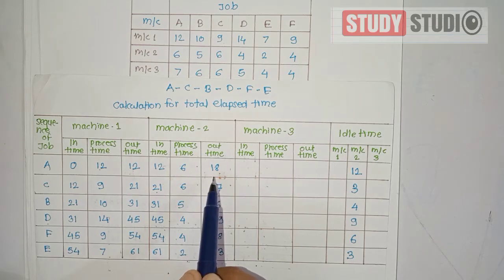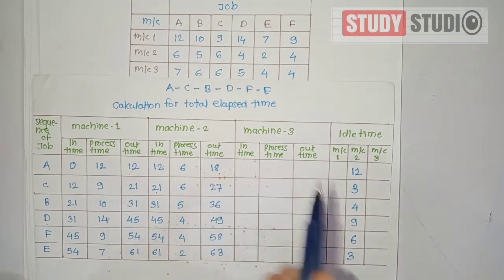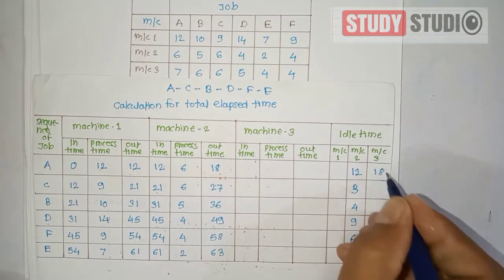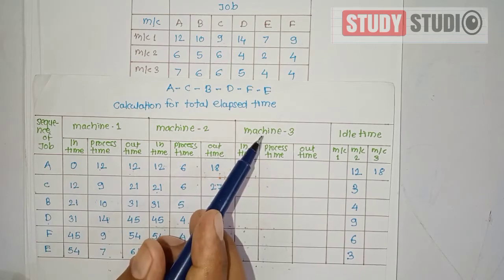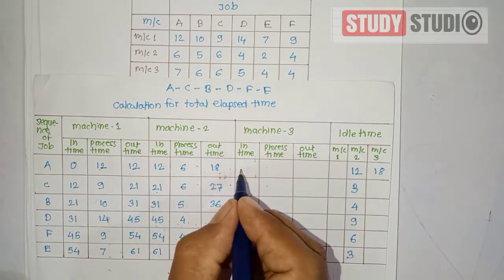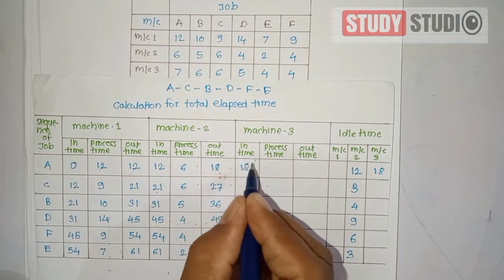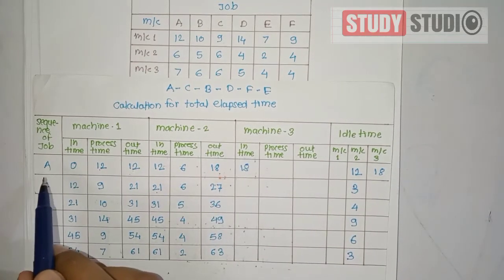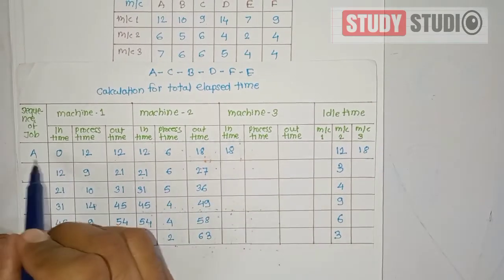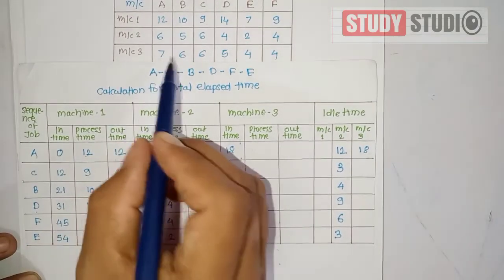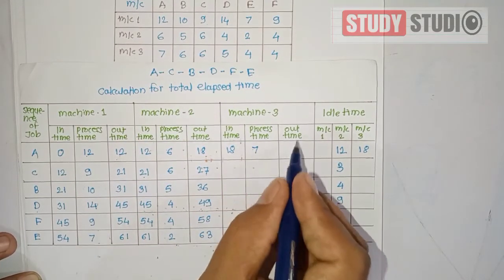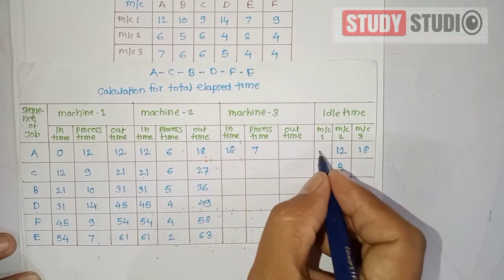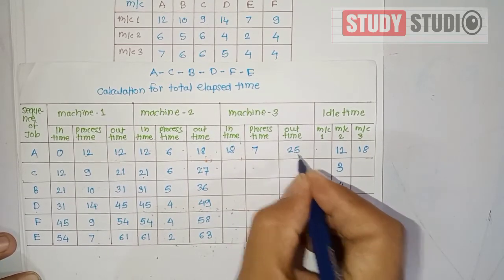So the idle time for machine 3 will be 18 hours before job A comes to machine 3. Now write this 18 as in time for job A. Processing time of A on machine 3 is 7 hours. So write 7 over here. Out time will be 18 plus 7, that is 25.